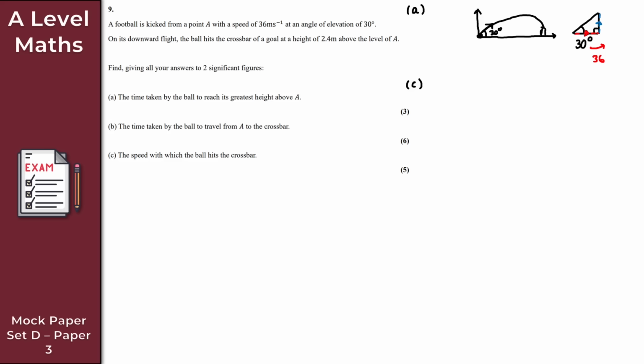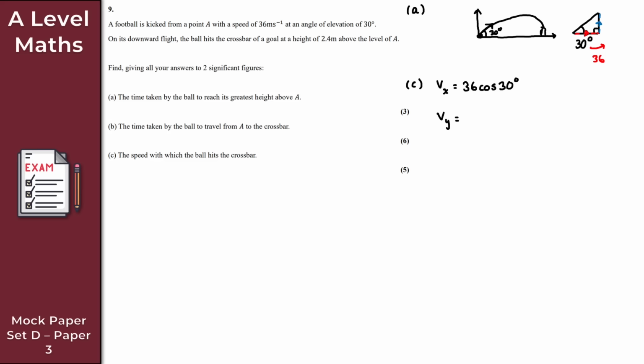So v subscript x, the final velocity for the horizontal component, would simply be 36 cos 30 degrees, so we'll leave that as it is. Now the vertical velocity, Vy, will change depending on the time taken.